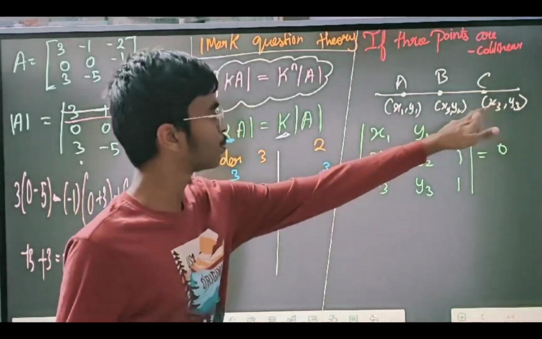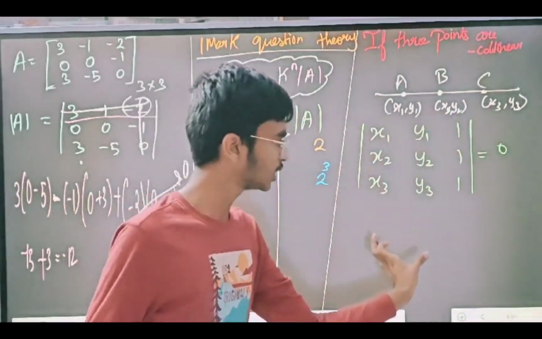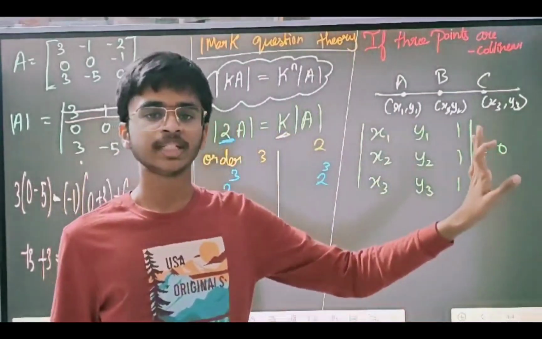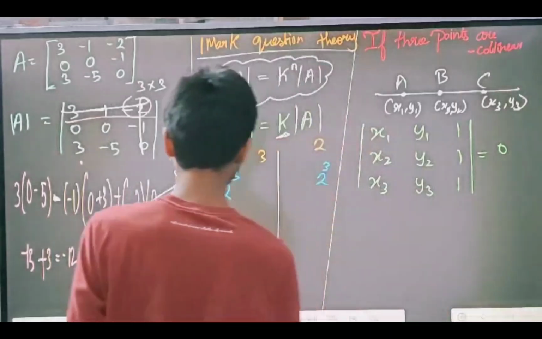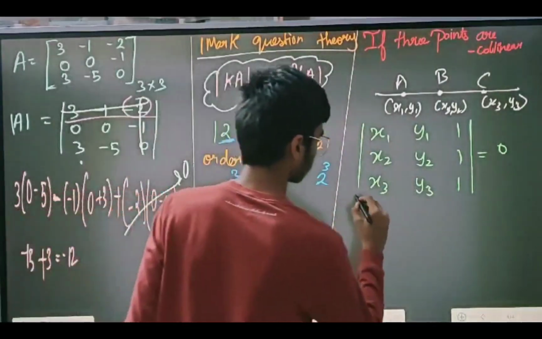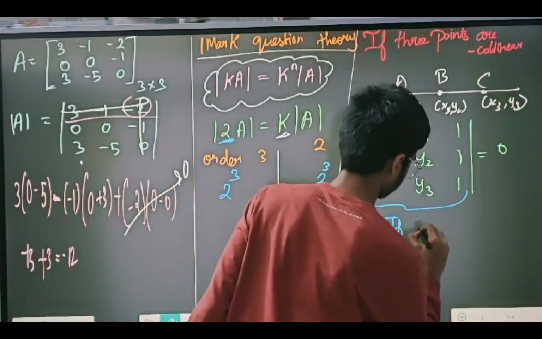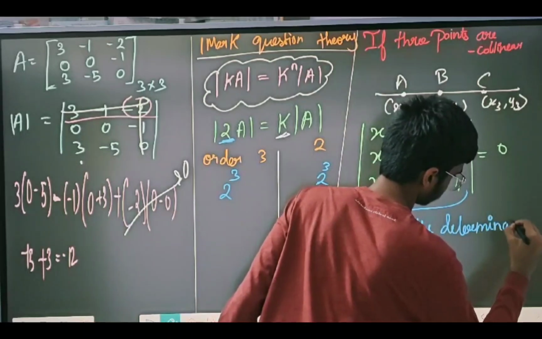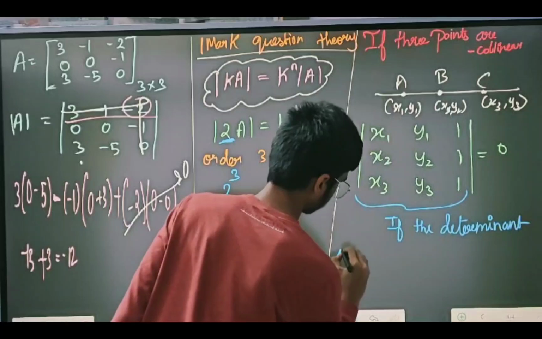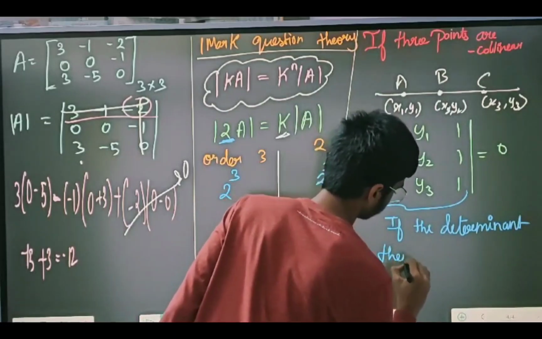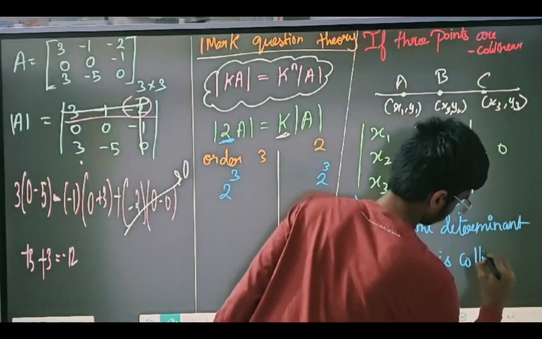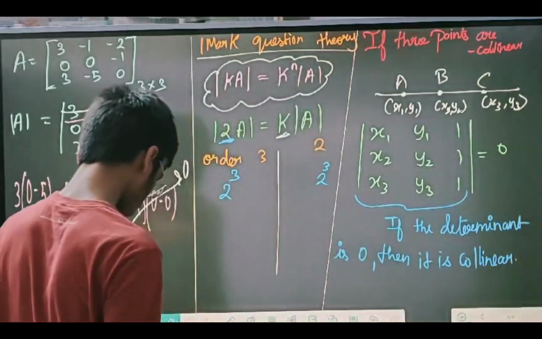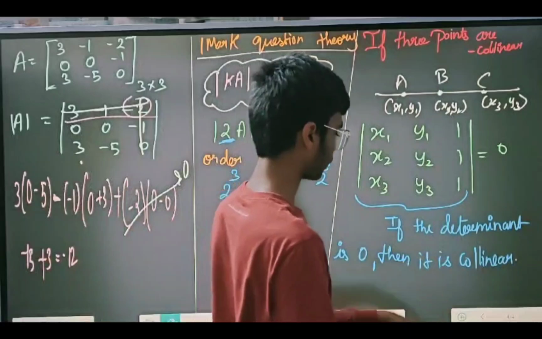If all these 3 points are substituted, and if the determinant of this particular matrix is 0, then that is going to be collinear. That's it. And make sure that you are going to put 1 there. Make sure that you are going to put 1 there.